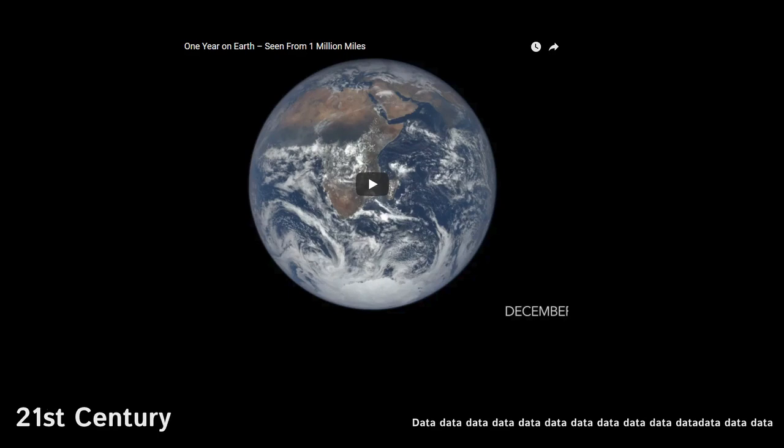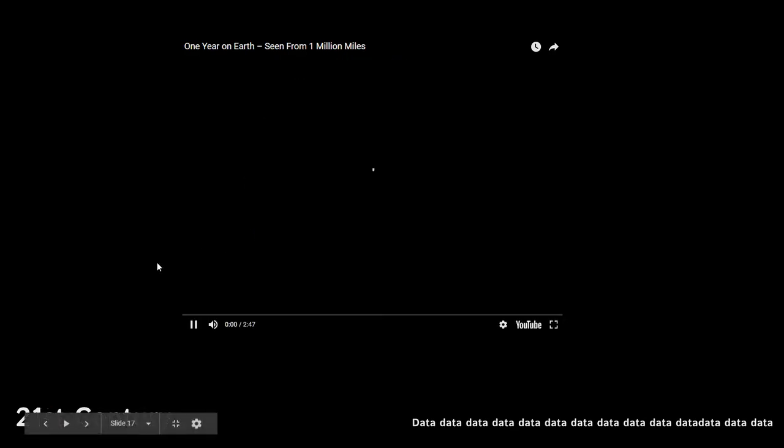And this is essentially using satellites at this point in time, which is a big part of the geospatial technology that we utilize now. So let's just play this for a moment and witness the scale and the breadth of imaging that we do of the Earth at this point in time.